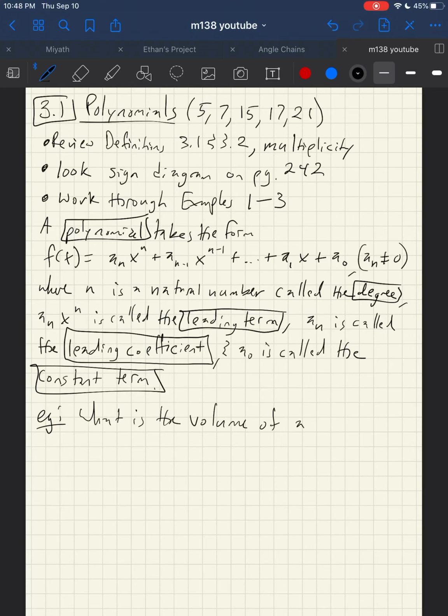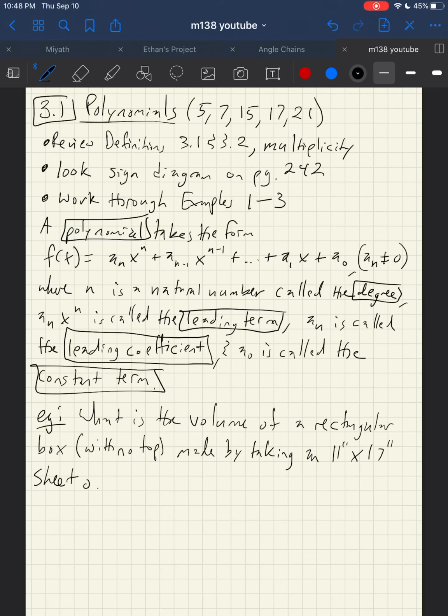What is the volume of a rectangular box with no top, made by taking an 11-inch by 17-inch sheet of cardboard, cutting squares out of the corners and folding up the sides.